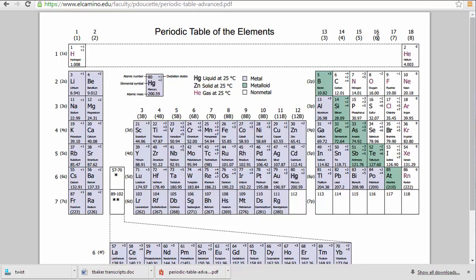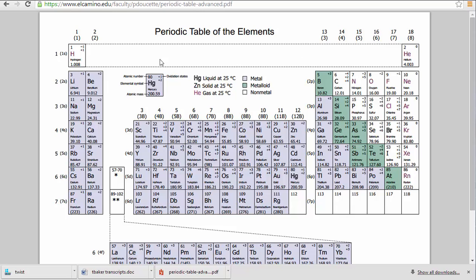And then 15, 16, and 17 are the ones that are going to have a negative charge, so you work your way backward from the noble gases. So this will be a -1 charge here, a -2 charge for these, and a -3 charge for these.